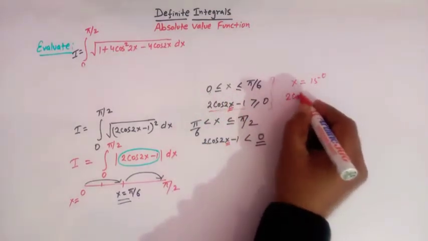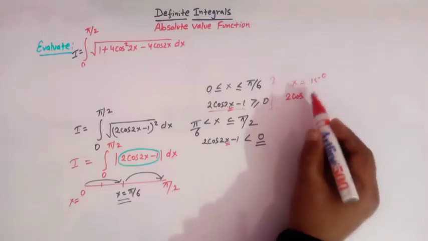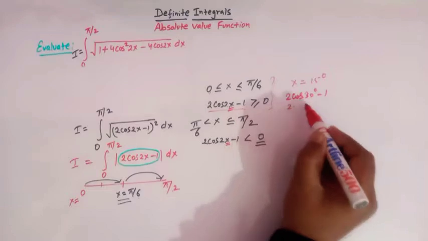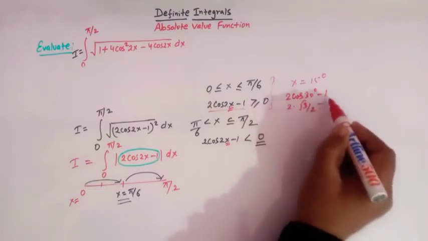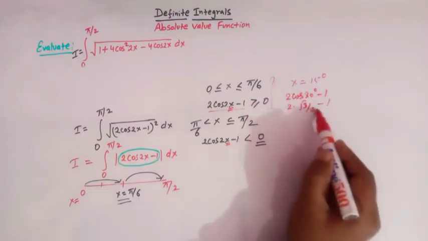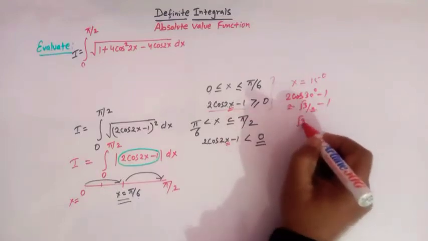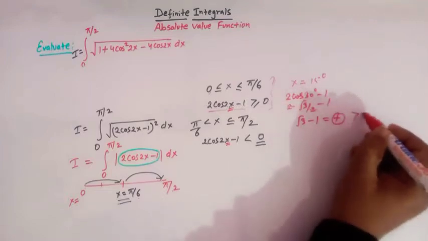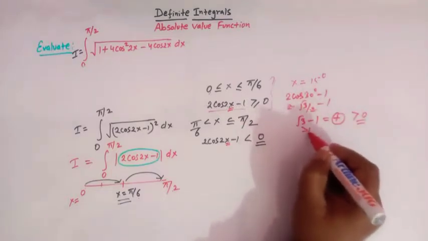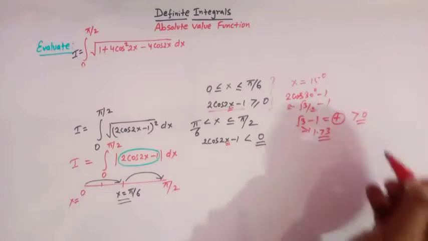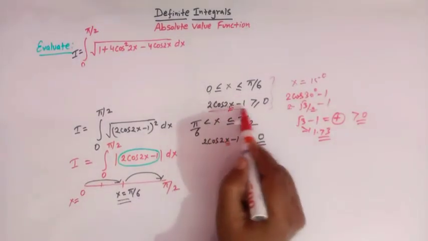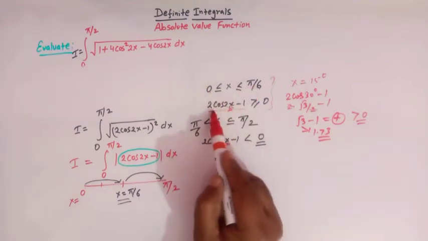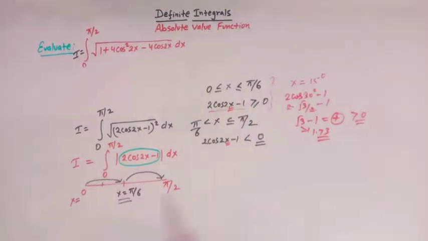So we have 2 cos 2x, so x is 15, so here we have 30 minus 1, and cos 30 is root 3 over 2, and here we have minus 1, so 2 and 2 get cancelled, so we are left with root 3 minus 1, and this is obviously a positive quantity because root 3 is 1.73 approximately, right? So this is how we can prove that when x lies between 0 and pi by 6, this quantity is a positive quantity.